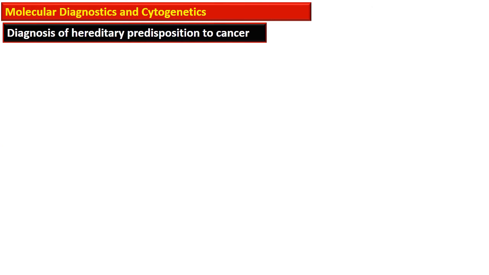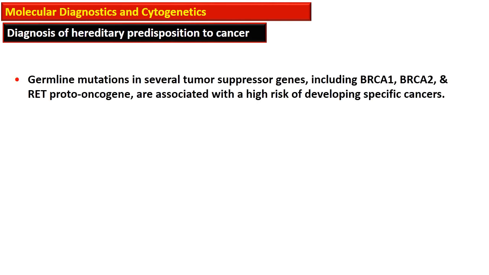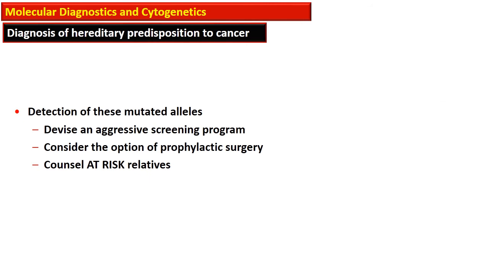The molecular and cytogenetic techniques are also used for the diagnosis of hereditary predisposition to cancer, because some of the germline mutations are associated with high risk of developing a specific type of cancer, such as BRCA1, BRCA2 and RET proto-oncogene are associated with a specific type of tumor.